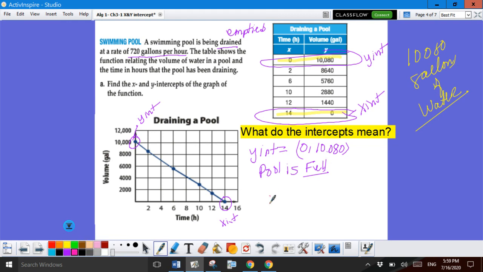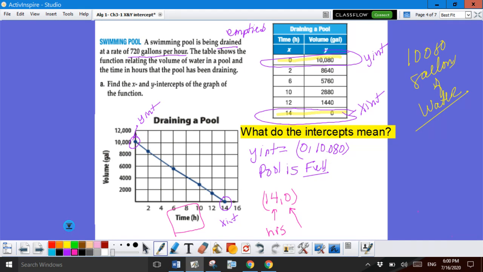So what does the 14, 0 mean? What does this point mean? Now remember, this is time. So 14, 0, think about that for a second. This is time, this is hours.